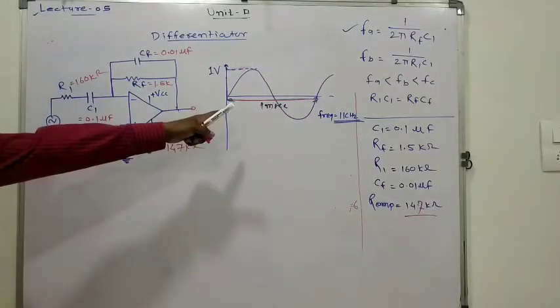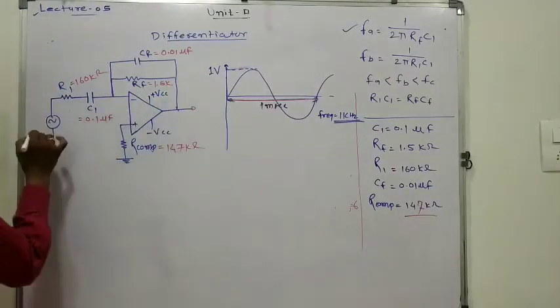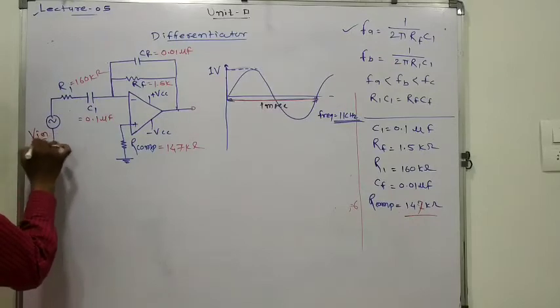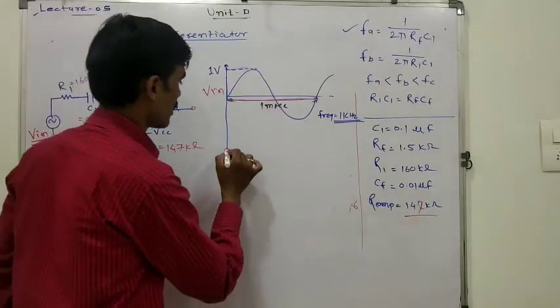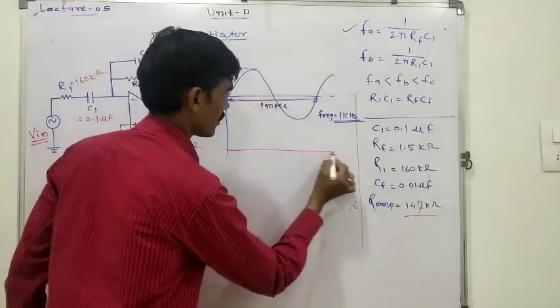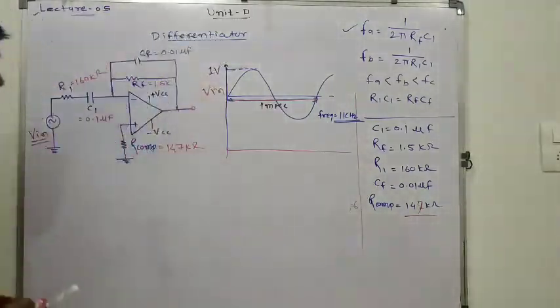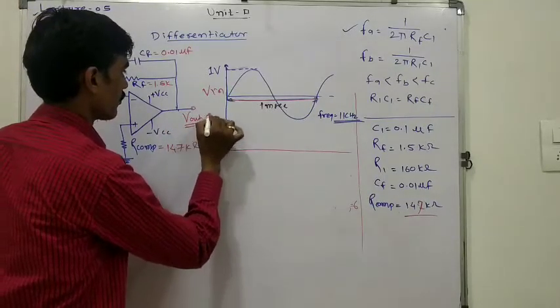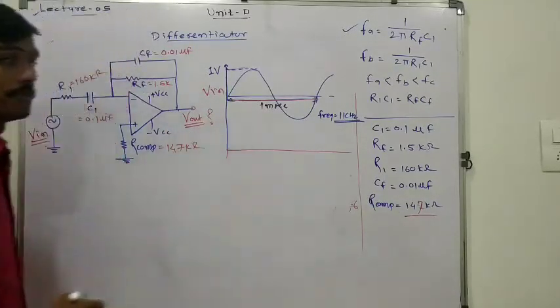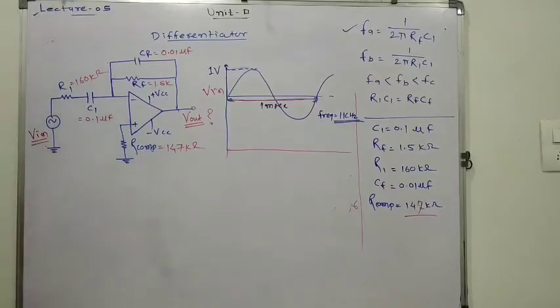So this sinusoidal input is given as Vin. They are asking what the output is, that is Vout. We have to draw the waveform of the output.